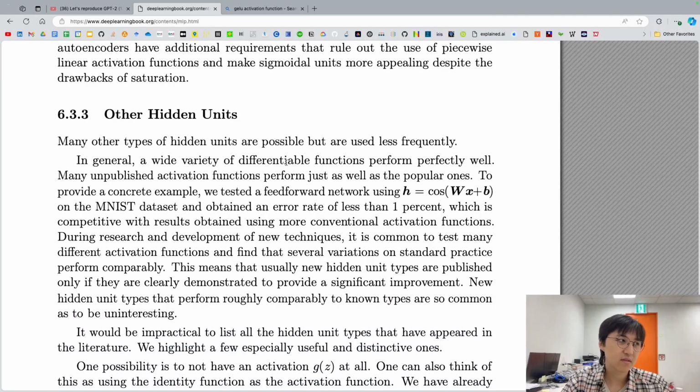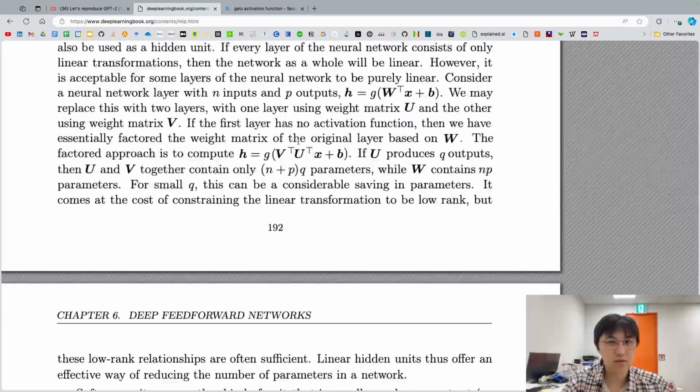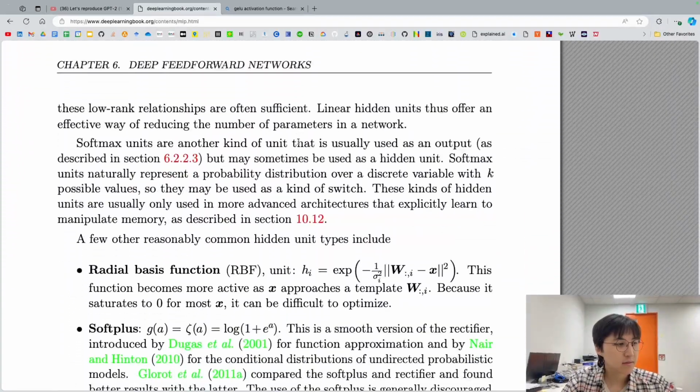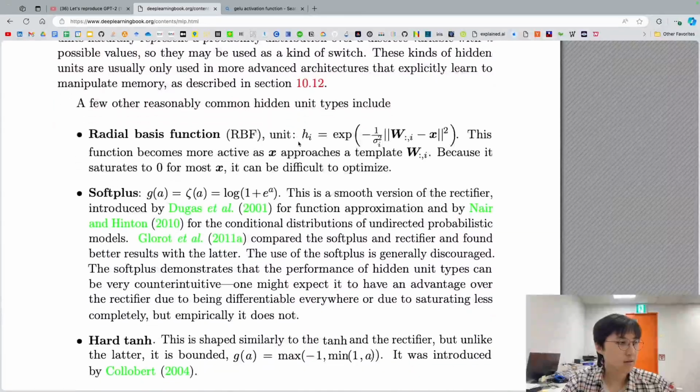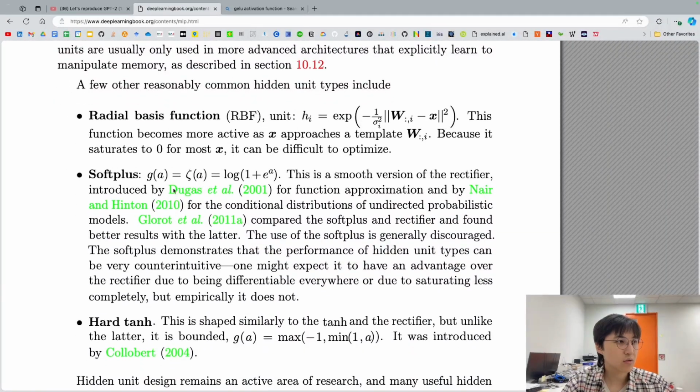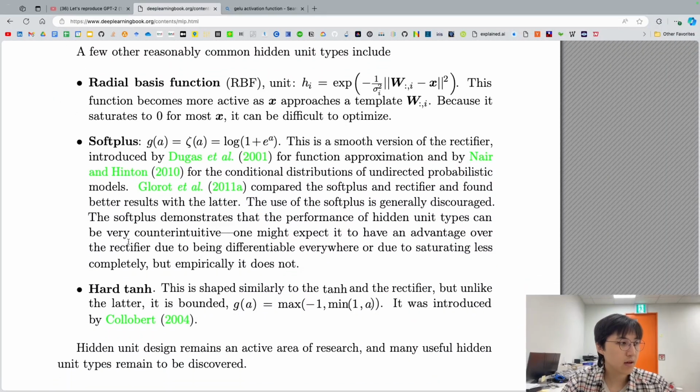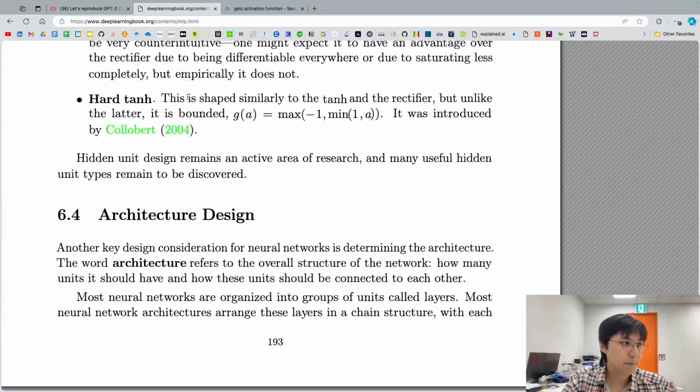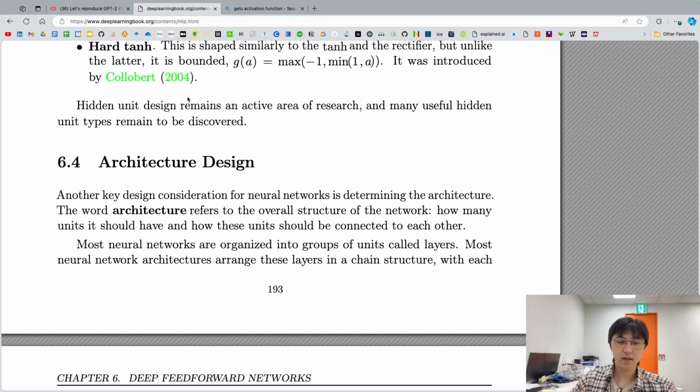There are many different hidden units, as I told you, and we will talk about them in practice. For example, we can also see other types here: softplus, hard tanh, radial basis function, etc.